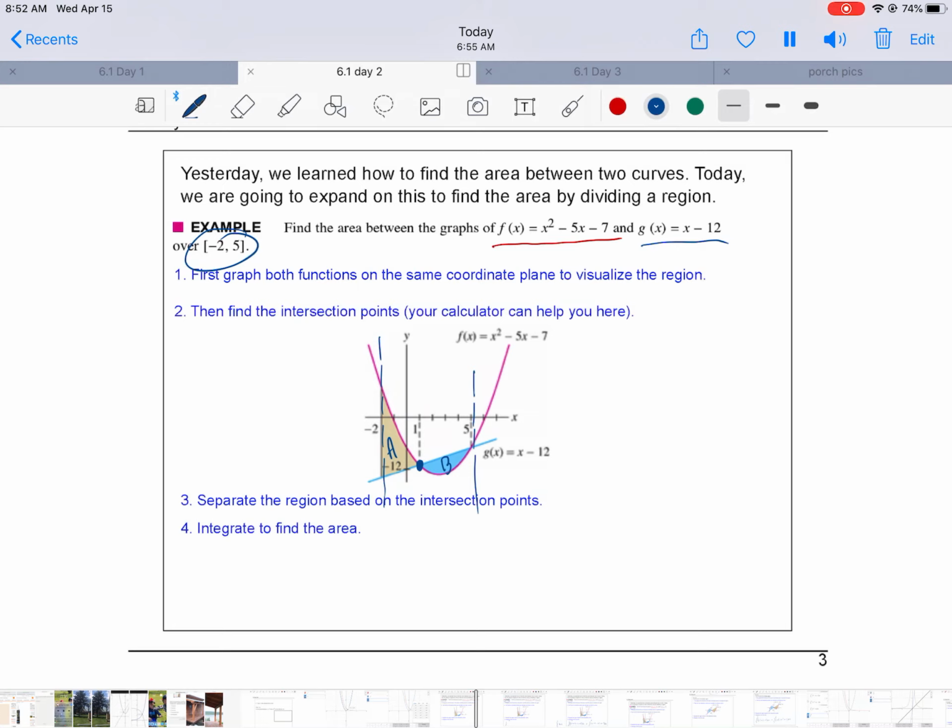Okay, so oftentimes we'll label these regions just for organizational purposes. Again, in each region, we are identifying the top function and the bottom function, and then setting up 2 separate integrals.